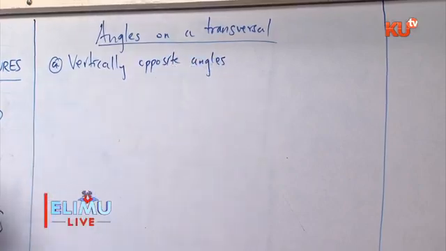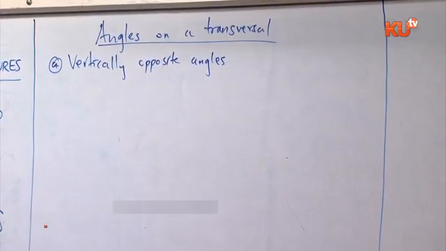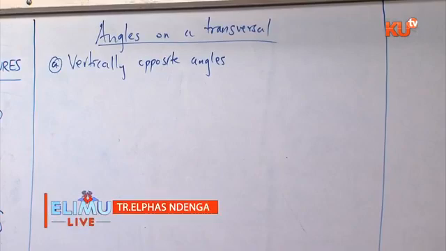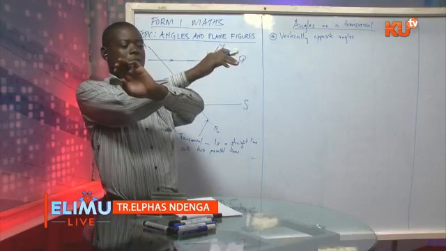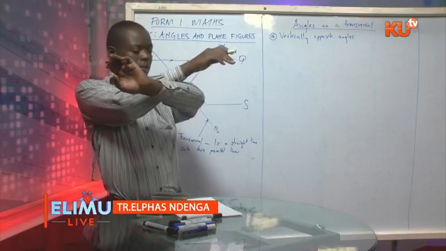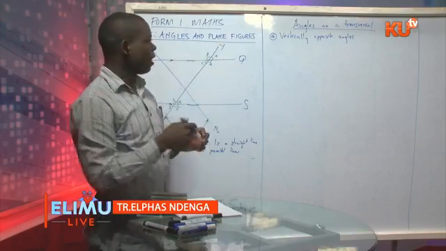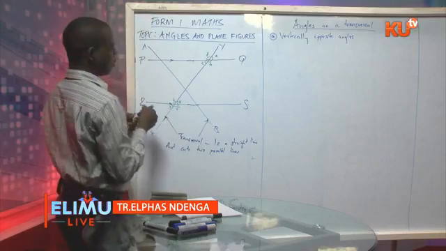Students, when you talk of vertically opposite angles, the simplest demonstration is when you take your hands and you cross them. Then there is a set of angles that are formed, one at the top and one at the lower side. These are what we call vertically opposite angles.